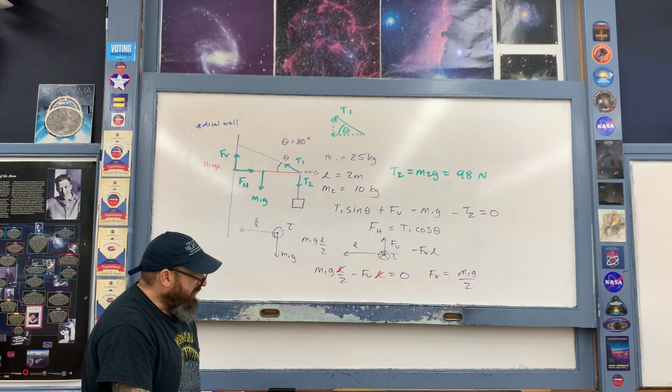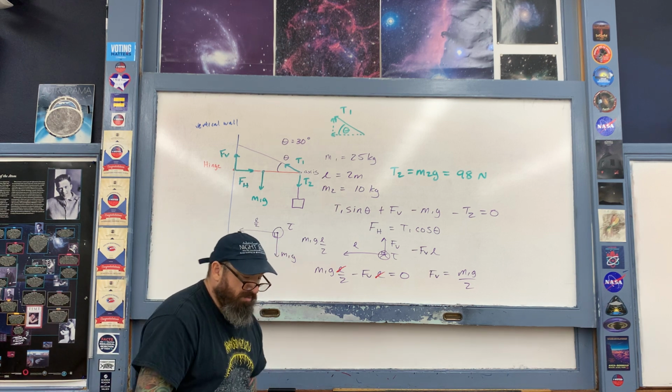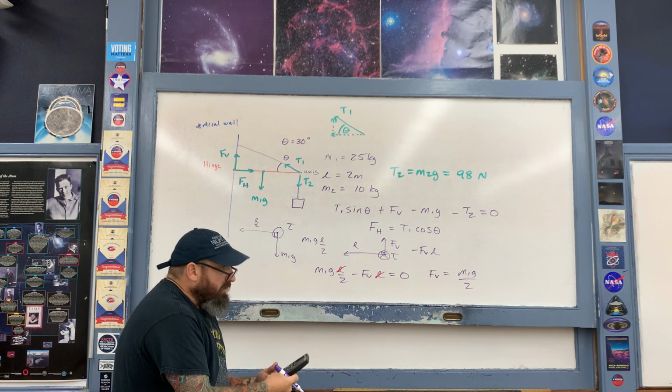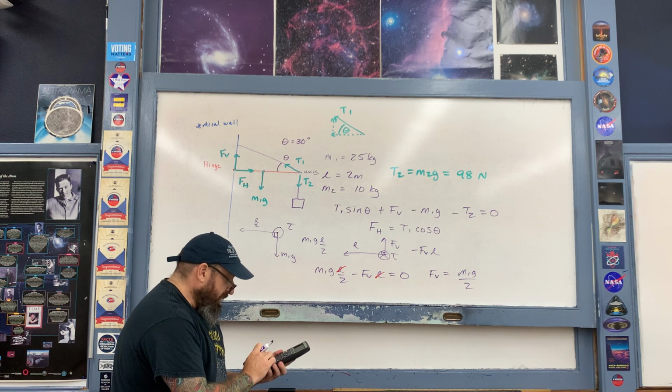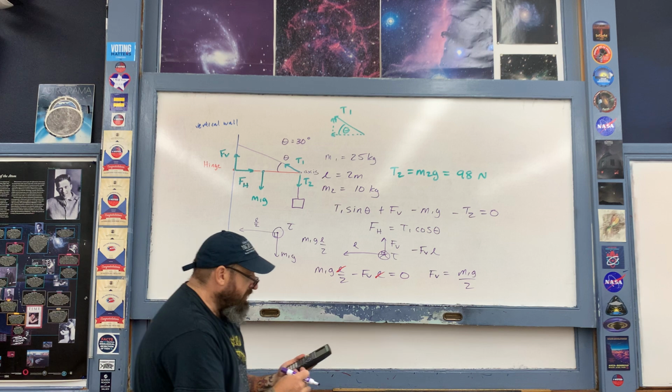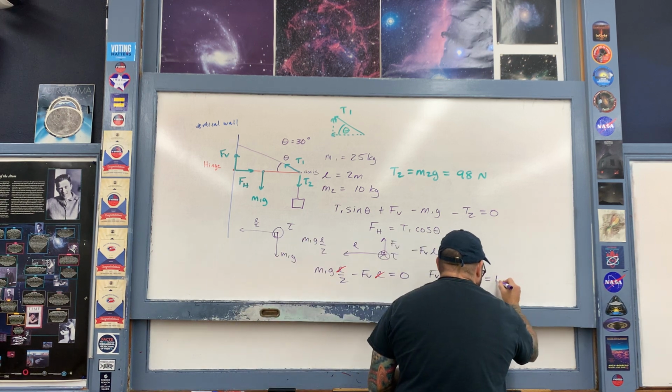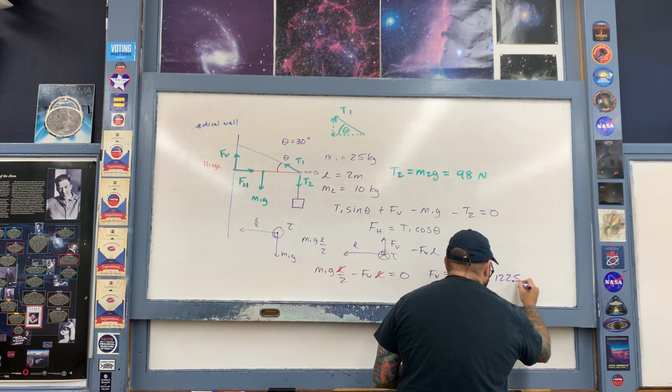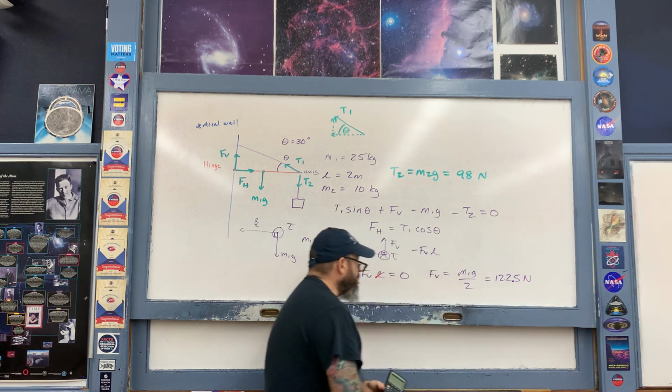So FV actually ends up just being half the weight of the beam. Okay, so let's go ahead and calculate that number. So let's see, the weight of the beam is 25 times 9.8, and then divide by 2. And this comes out to be 122.5 newtons, like so.